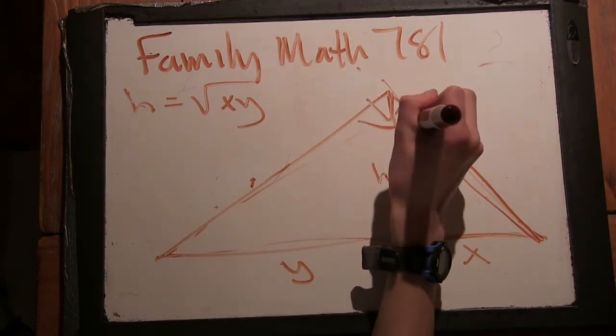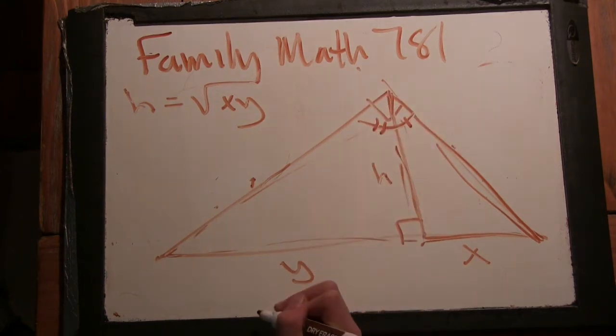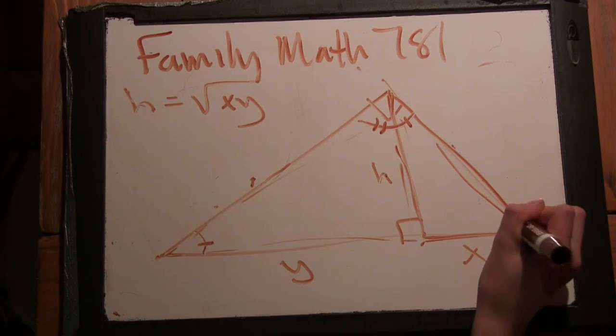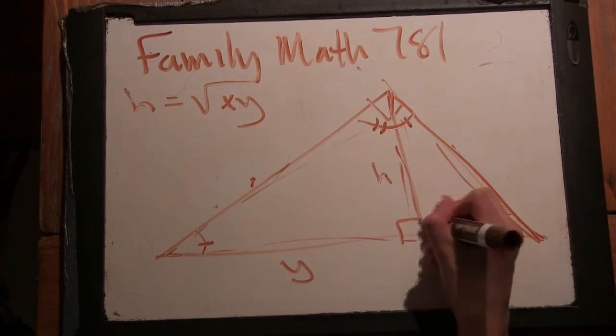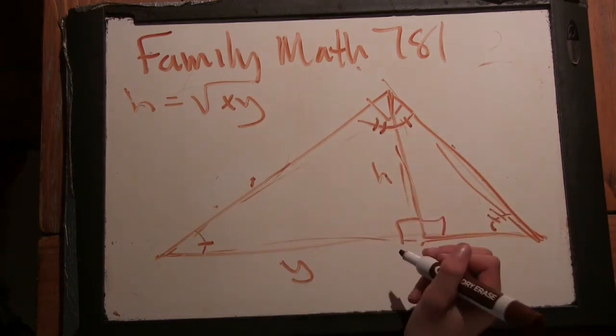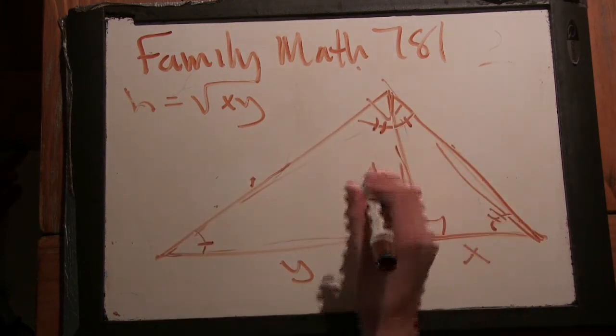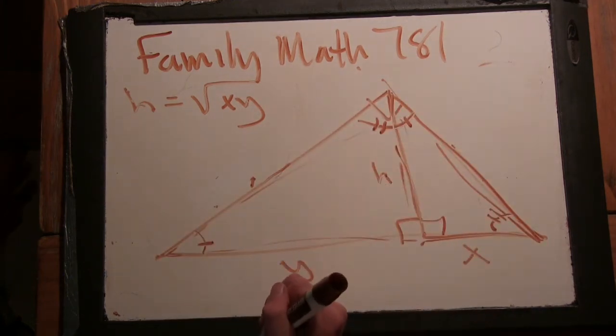There's this angle and this angle that you see a lot in these triangles. So from this you know that they all are similar.